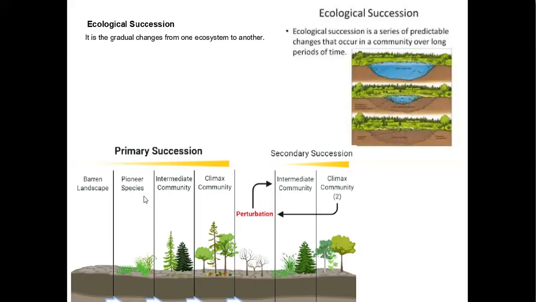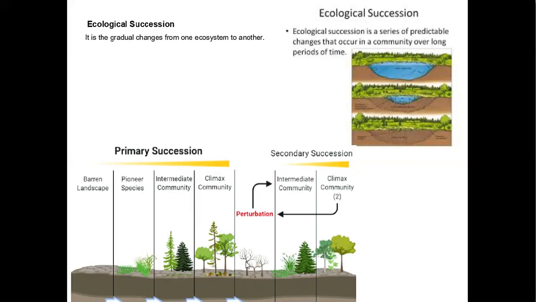After some days, some pioneer species are introduced into this, and then intermediate community is found here. Some species are dominant over some species, and they are found at the end of this succession. And that end point of the succession is known as climax community.